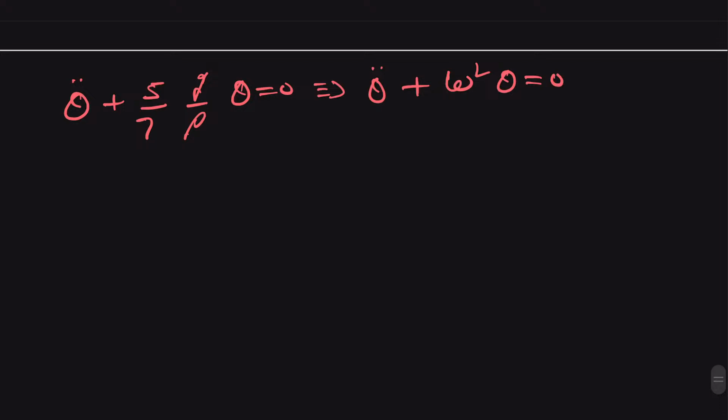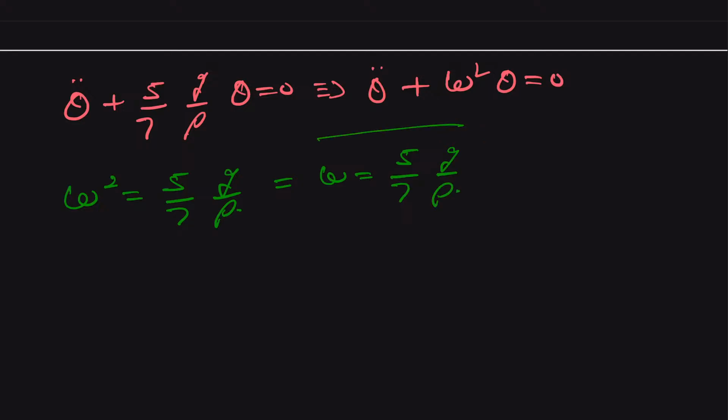So we can say from here that omega square is equal to 5/7 g upon rho, or omega is equal to square root of 5/7 g upon rho.